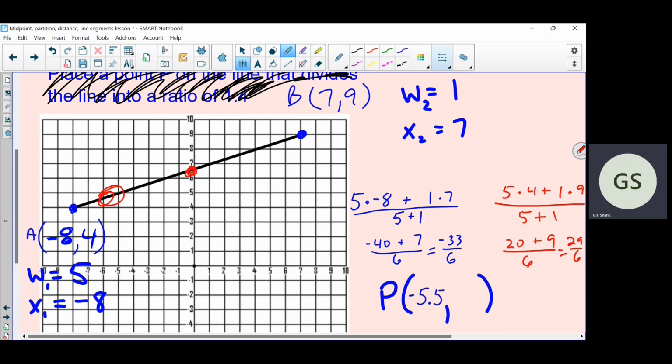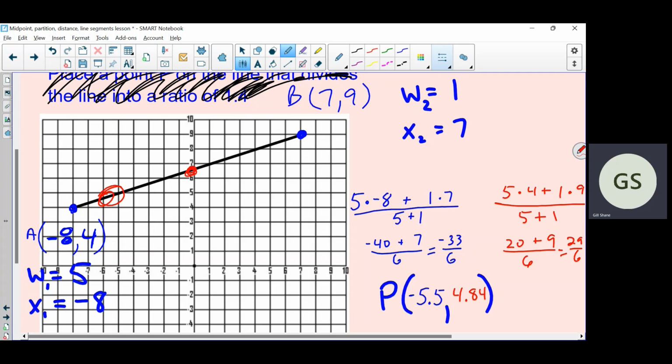And that's going to give me almost 5. So 4 5/6. So if I convert 4 5/6, that's going to be like 4.84, I think, maybe. Somebody do the math on that one. Is that pretty close? Yeah.